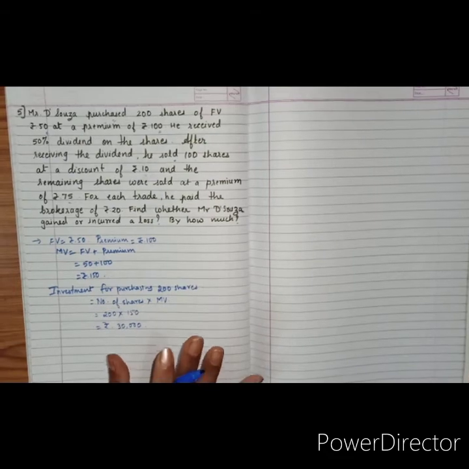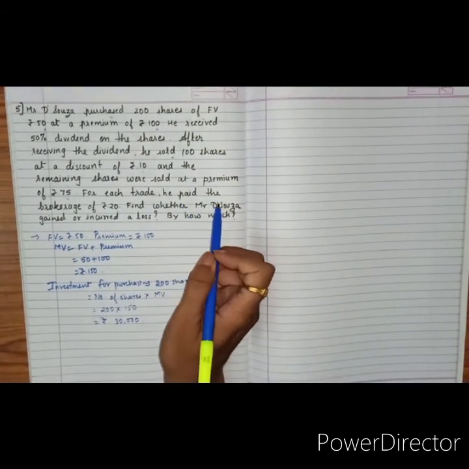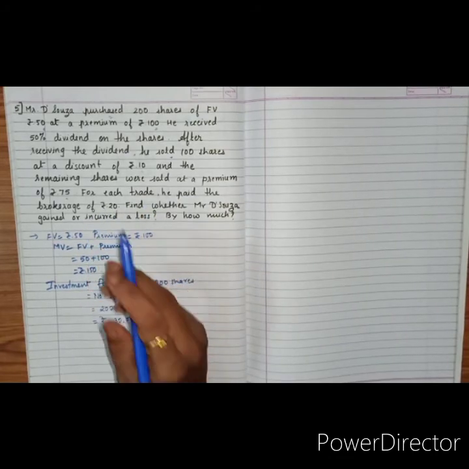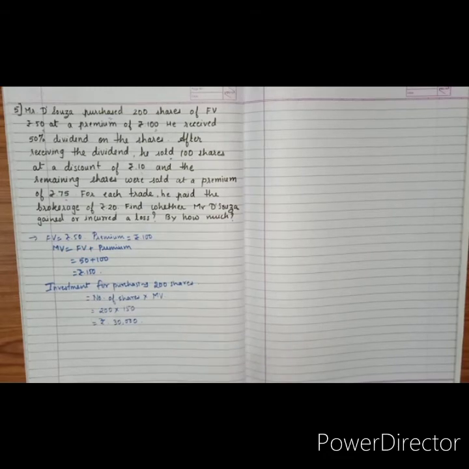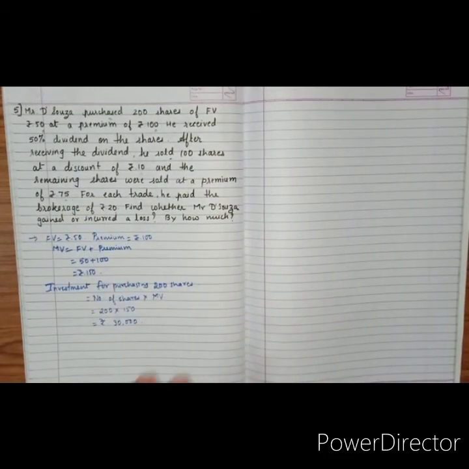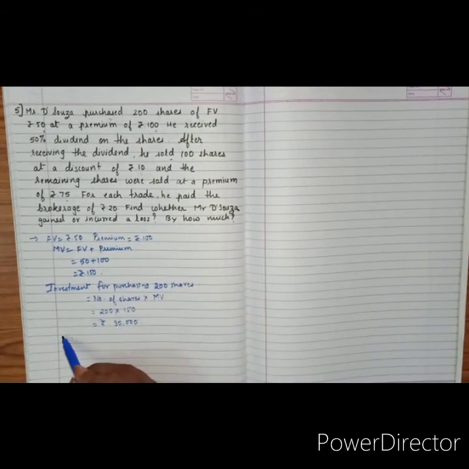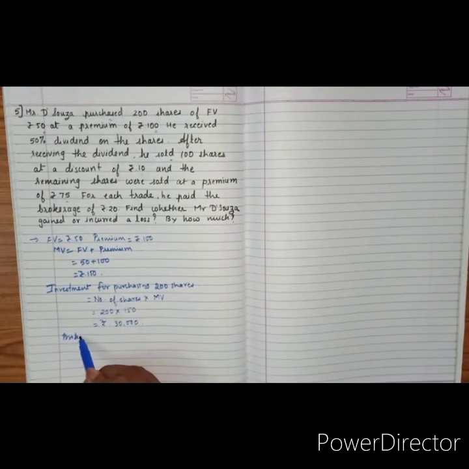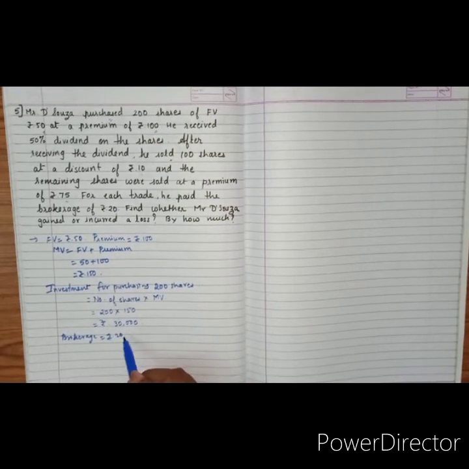This is his investment. Now understand, for each trade he paid the brokerage. While purchasing or while selling also, you need to pay the brokerage. The brokerage is given as rupees 20. So let us write down here that brokerage is rupees 20.